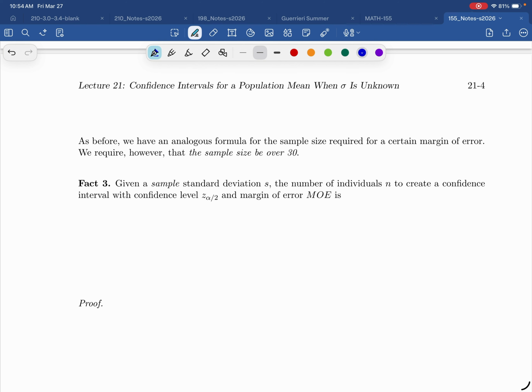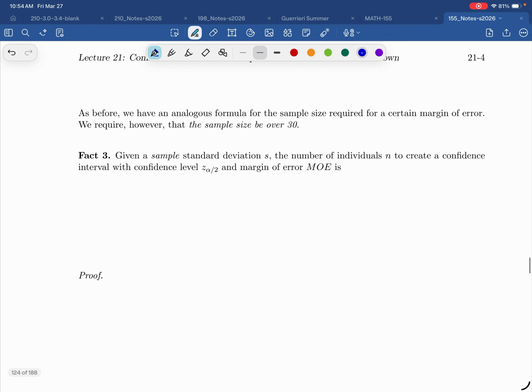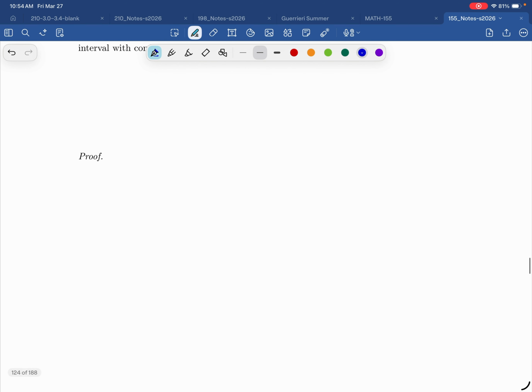Now, remember before that sometimes we like to set our margin of error at a certain value, and that requires a certain sample size. We did that before when we knew what sigma equaled, and we could use z as our sample statistic. And you could try to do something analogous with t.